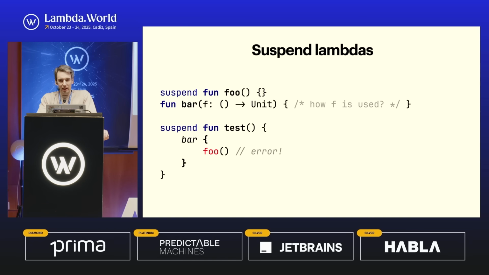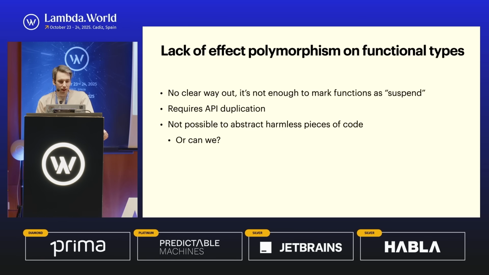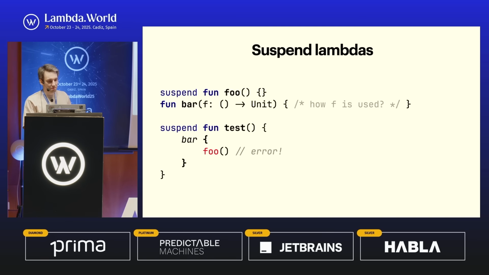And this problem, compared to the previous one, is a really nasty one, because at this point it's way, way worse. Here we don't have a clear way out. We cannot just mark our function as suspend and go further. We have to somehow change our bar function, our regular function, so that it can accept suspend lambdas, but often we cannot do this because it's a library function.